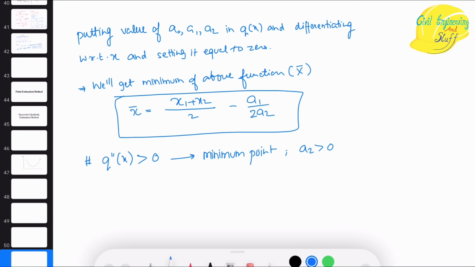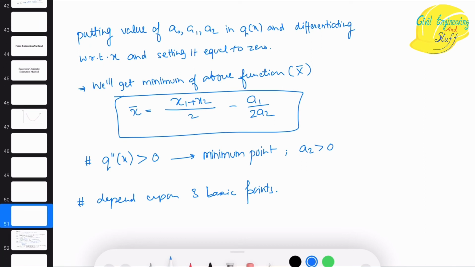So this successive quadratic estimation method basically depends upon three basic points. Through this we find out the values of a1, a2, and x bar.